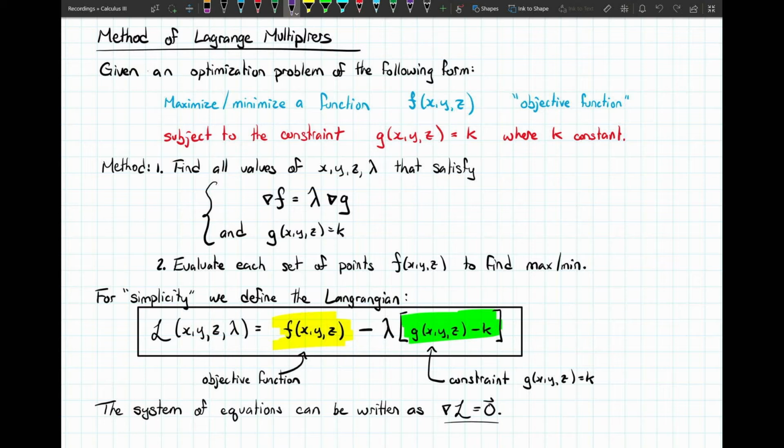And the way we always set it up is by simply having the objective function, f of x, y, z, minus lambda times our constraint in the form g of x, y, z minus k. Now let's try a practical example using the Lagrangian, and you'll see how setting the Lagrangian equal to the 0 vector is equivalent to setting up this original system of equations for the method of Lagrange multipliers.